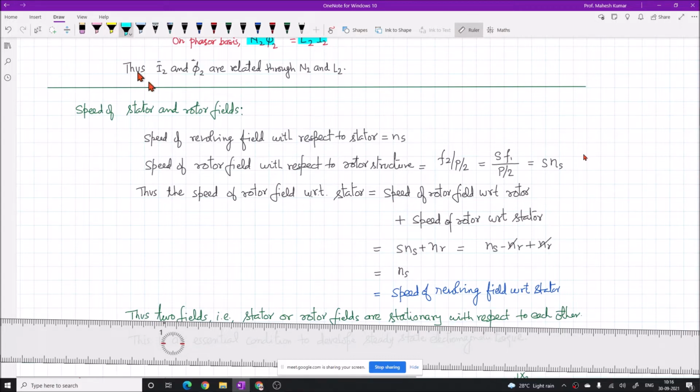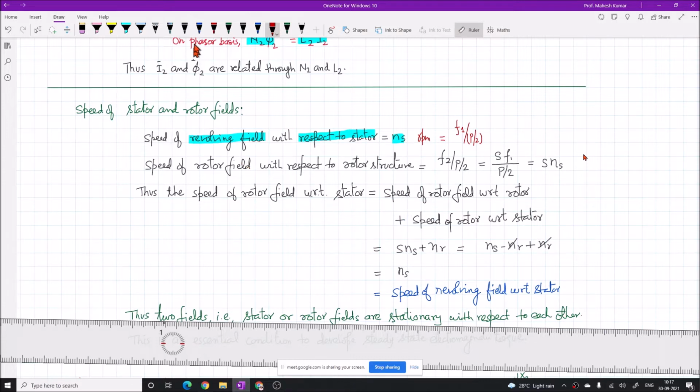The speed of the revolving field, which we can also call the stator field because the majority of the revolving field comes from the stator, is ns with respect to the stator body, and this value is given by, as you know, f1 by p by 2, supply frequency by pair of poles.